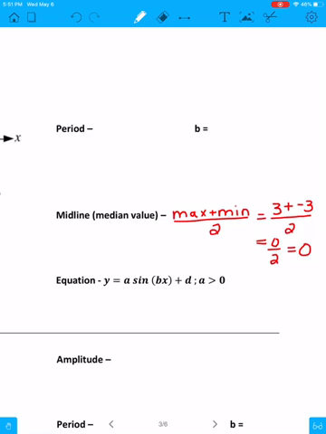So we know our median value equals 0. Our midline, we're going to write this out every single time, is y equals our median value. So it's y equals 0.